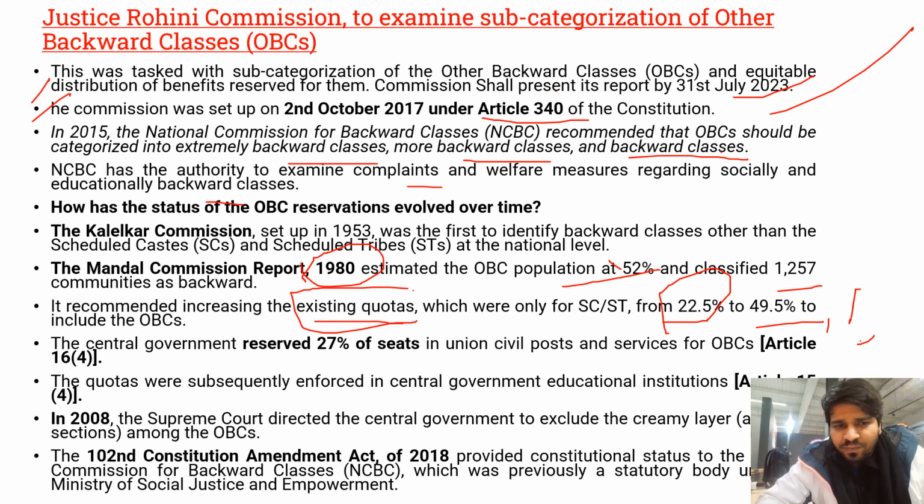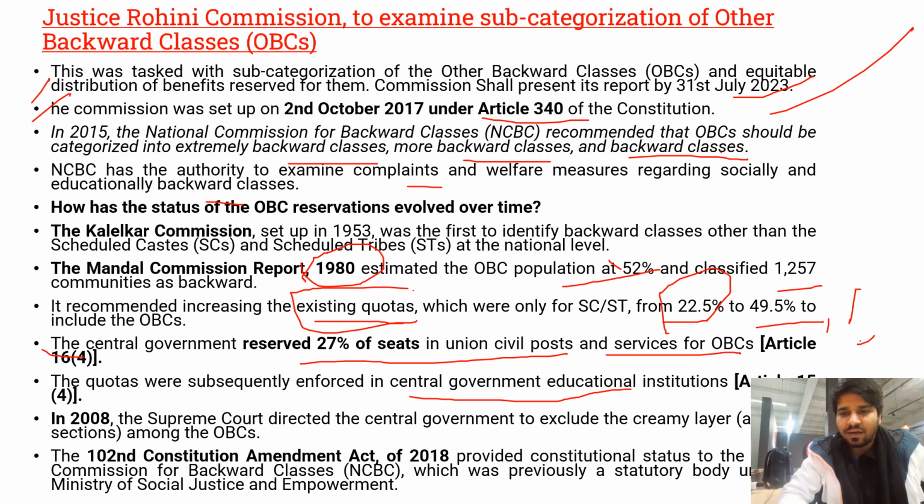So now the central government has reserved 27% of seats in union civil posts and services for the union government, right? 27% seats are booked for other backward classes as per Article 16 Clause 4, right? And the same goes for Article 15 Clause 4, where the same kind of reservation was put in central government educational institutions, right?